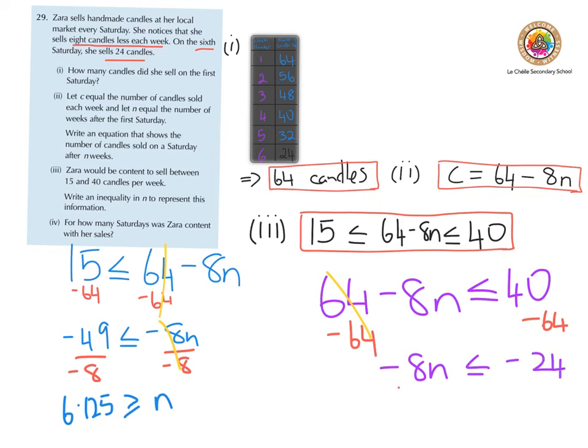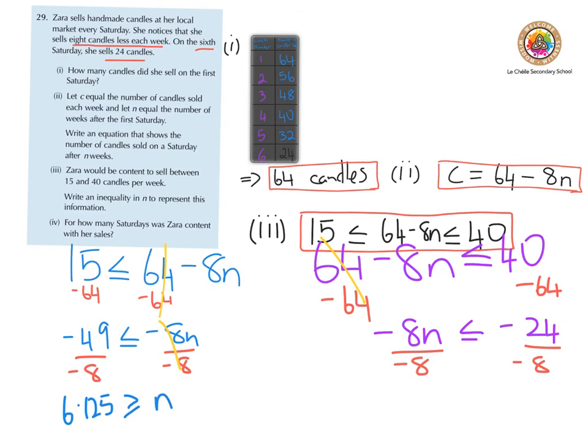And again, dividing here by minus 8 and here by minus 8, that's going to leave me with, these have cancelled, and I have n. Minus by minus is a plus 3, and again, dividing across by a minus changes the direction of my inequality.